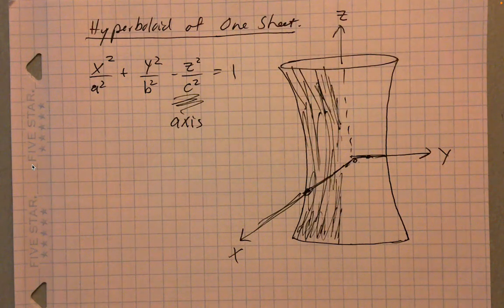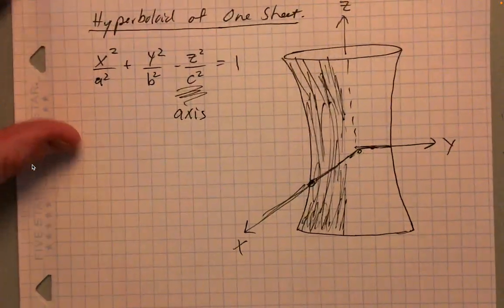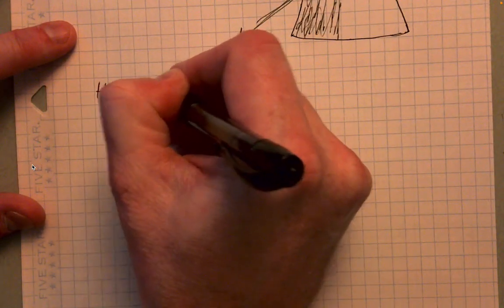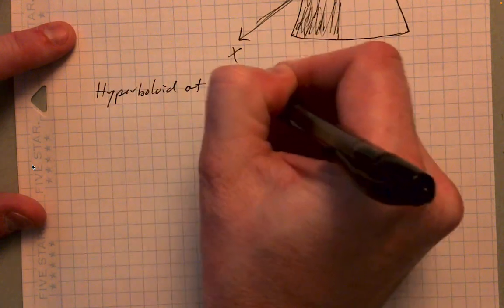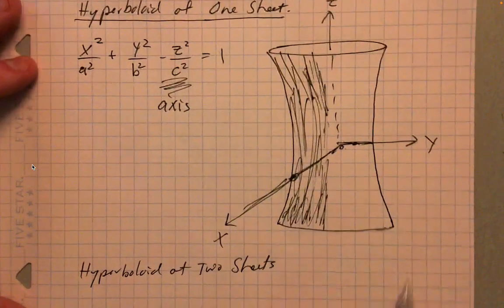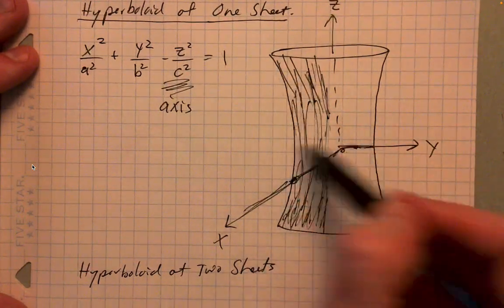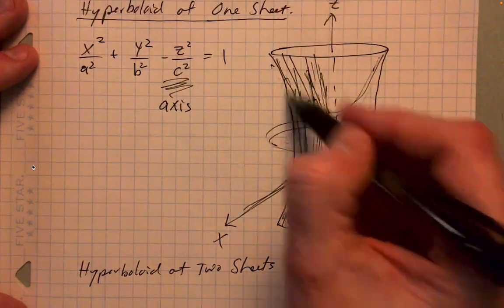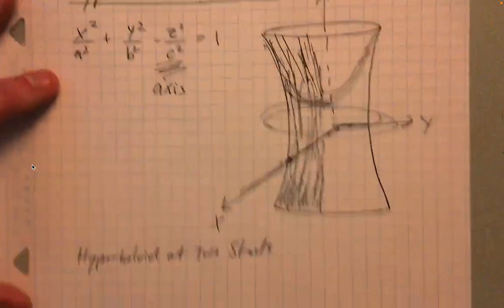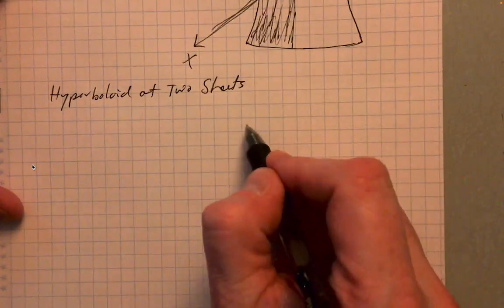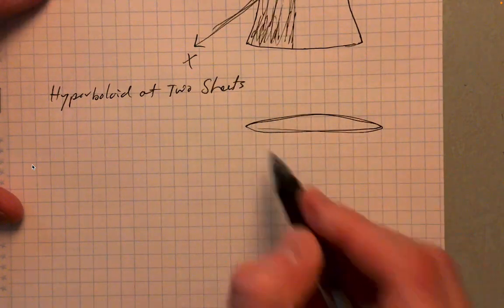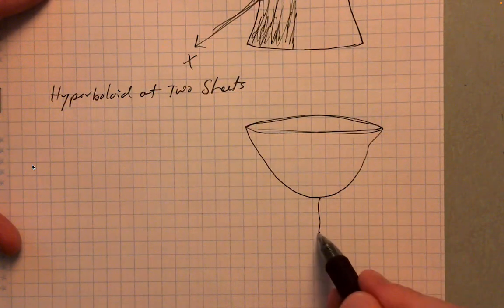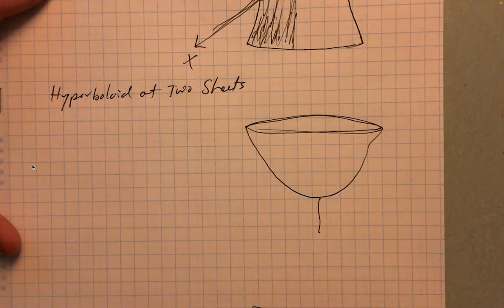So what's the difference between this and the next one, which is called a hyperboloid of two sheets? Well, the hyperboloid of two sheets looks real similar. What you can imagine is that this central region here is going to kind of close off, and the surface is going to sort of pull back on itself. So the hyperboloid of two sheets looks like this on top, but then it kind of comes down and closes off, but then you do have this corresponding lower section.